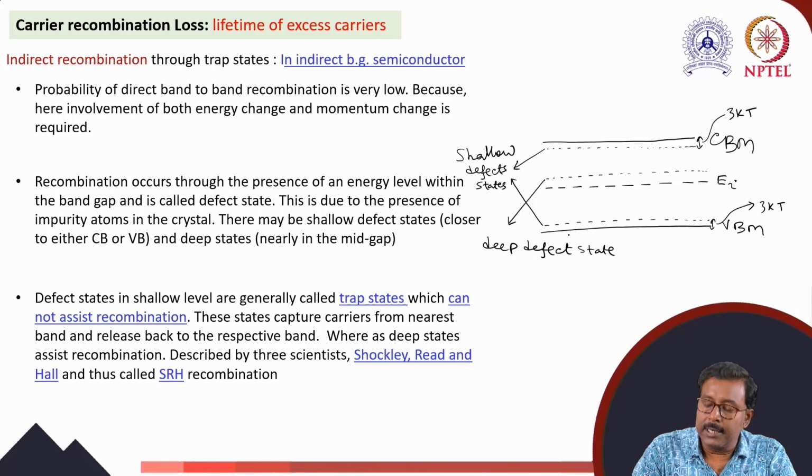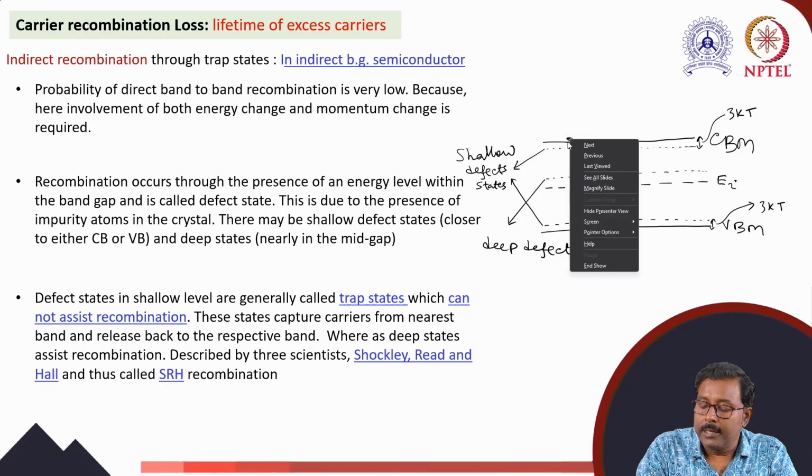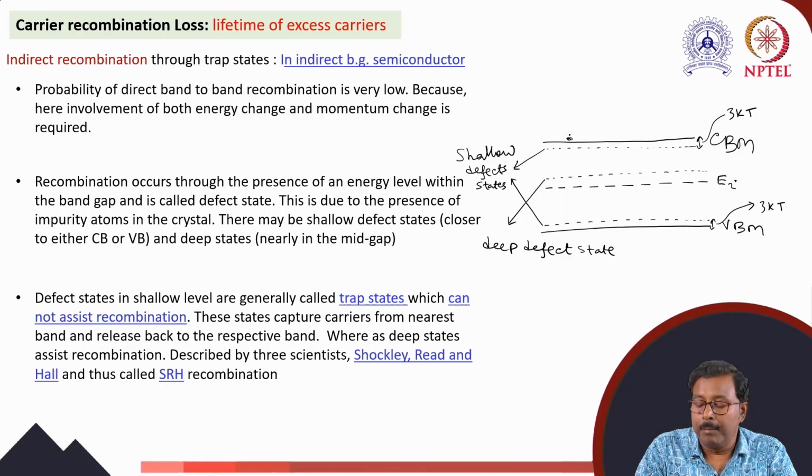That means if the defect states lie within EC minus 3 kT to EV plus 3 kT in this range, then it is called deep defect states. And a carrier in the conduction band may trap or may recombine through the trap if there are some deep defect states.